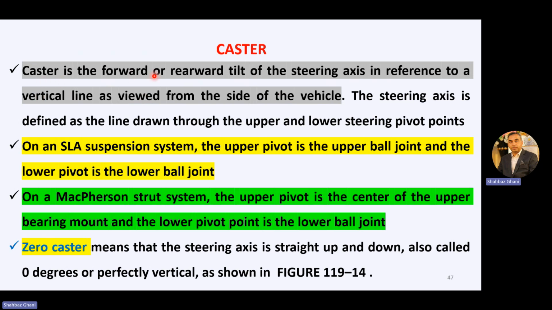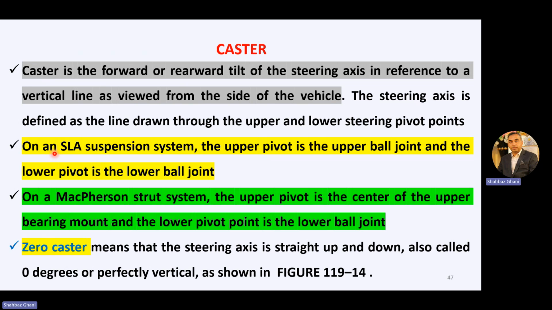So caster is the forward or rearward tilt of the steering axis in reference to a vertical line as viewed from the side of the vehicle. The steering axis is defined as the line drawn through the upper and lower steering pivot points.